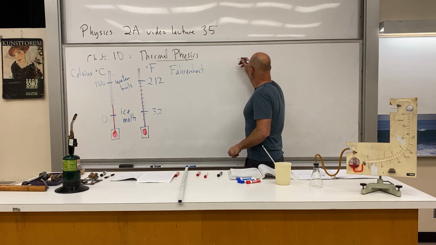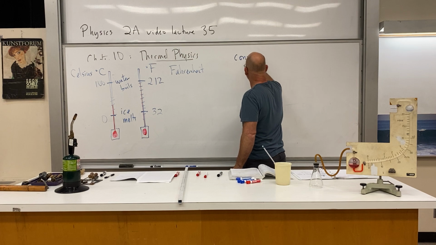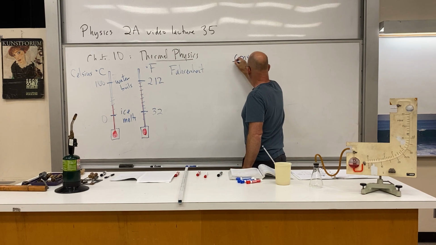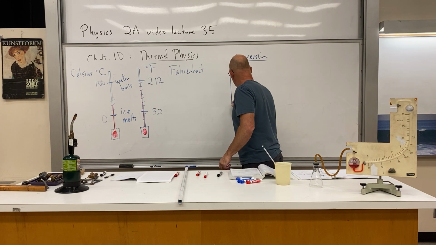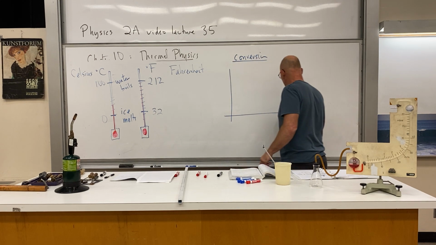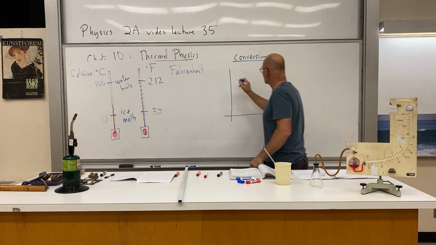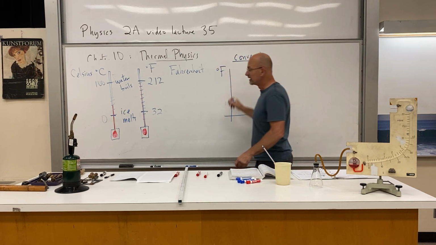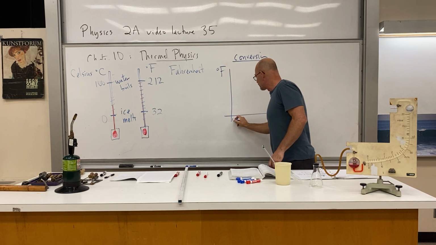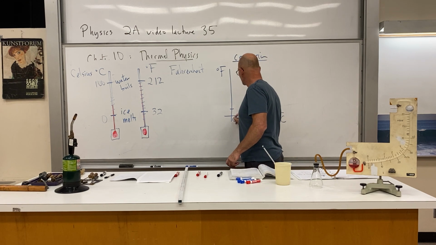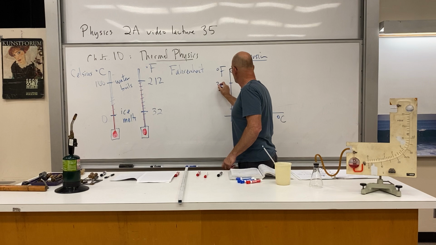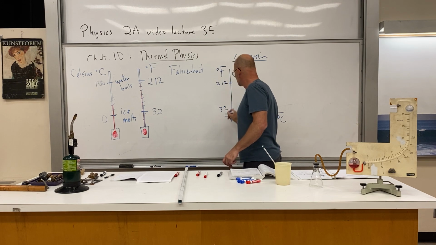Good, so let's call this conversion. And we can make an interesting graph here. So this is kind of fun. Okay, so we put our degrees Celsius and our degrees Fahrenheit here, and then if we go from 0 to 100 here, we might be going from 32 to 212 there.